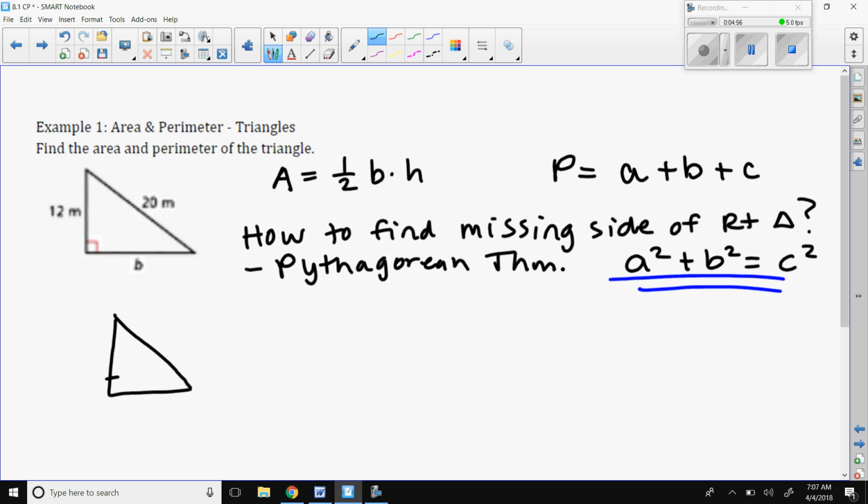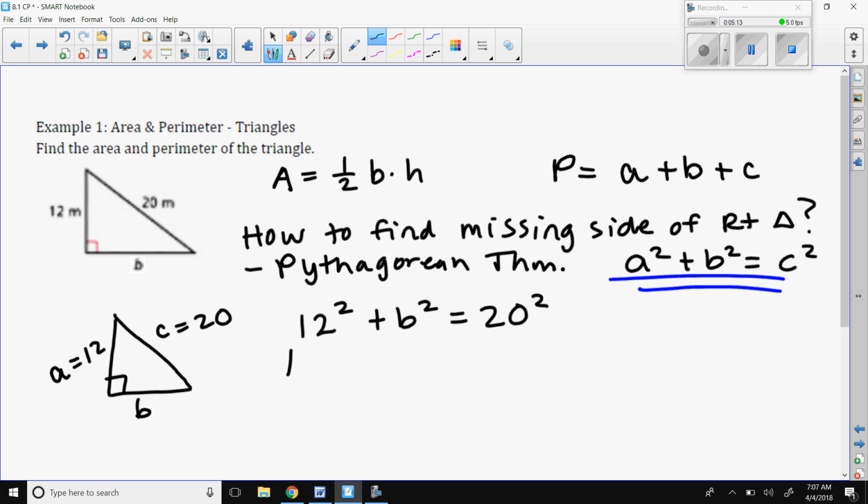Okay, in my triangle here, I'm missing B. I have A equals 12, and C equals 20, which means that my equation is going to look like 12 squared plus B squared equals 20 squared. Plug these right into your calculator. 12 squared, 144, plus B squared equals 20 squared, which is 400.